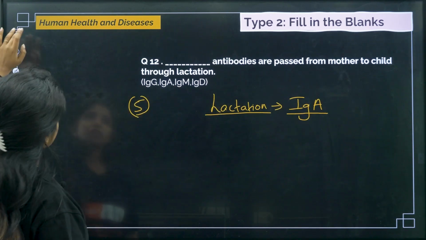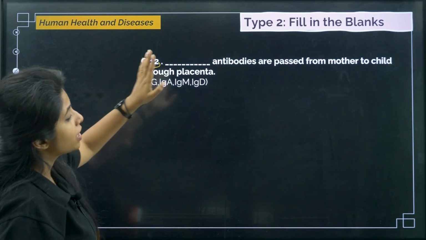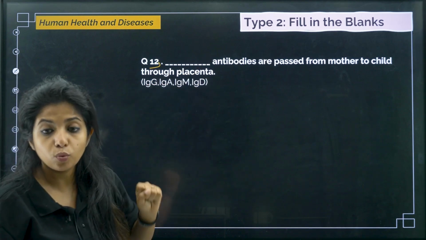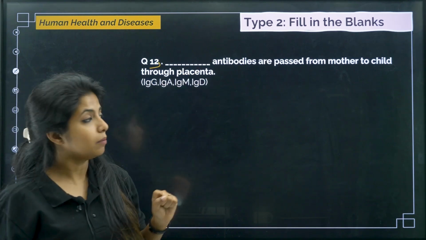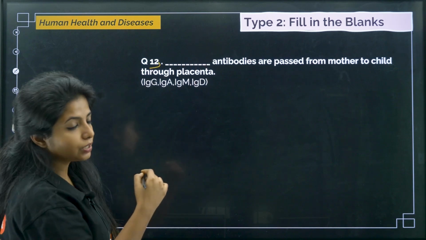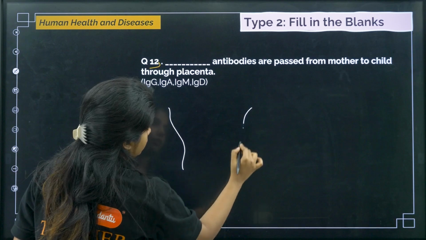Now talking about the next question, that is the 13th question. Dash antibodies are passed from mother to child through placenta. What is that particular thing? So placenta is what basically, children? This is the uterus.